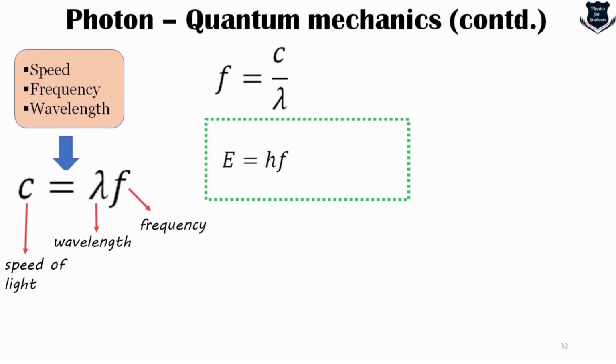And remember that the energy can also be expressed in terms of wavelength by inserting into Planck's equation E equals hf. If we put this value, f equals c by lambda, we get E equals h times c divided by lambda.